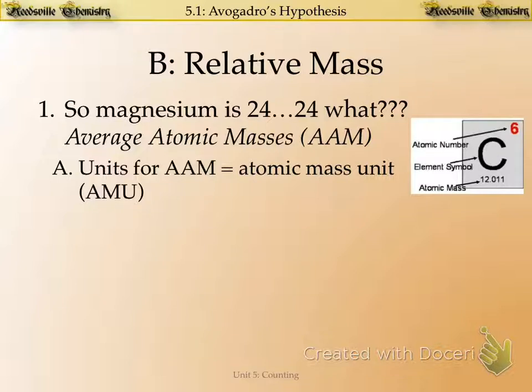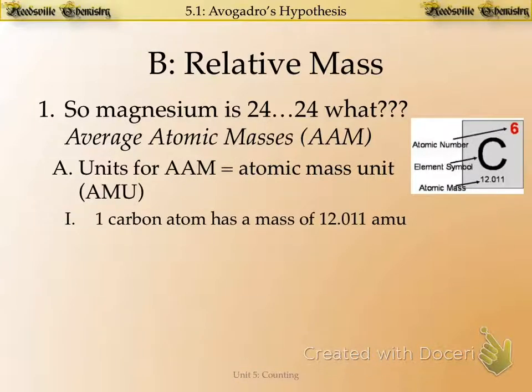Every element, carbon, hydrogen, oxygen, has a distinct and specific number of protons. If you change the protons, you change the number, and you change the element. And that's not always true for atomic mass. And again, we'll see that with hydrogen. So for right now, when we say magnesium has an average atomic mass of 24, it's 24 AMU.